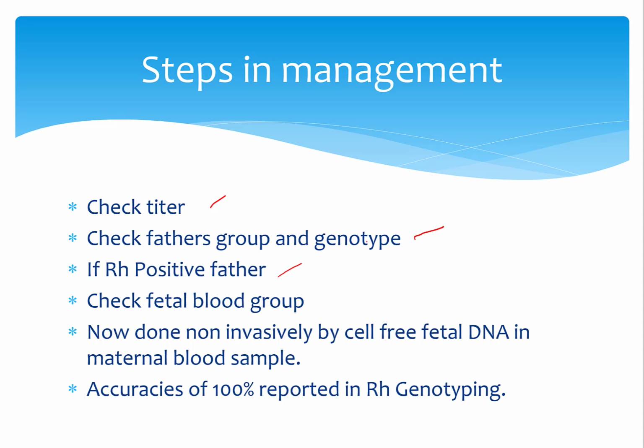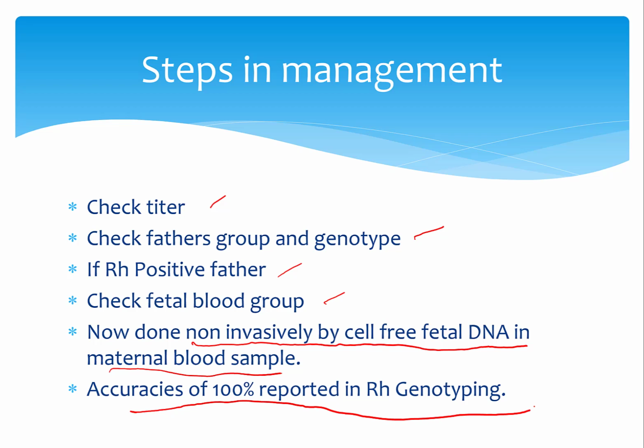If the father is Rh positive, check the fetal blood group. We can check that by taking cord blood or amniotic cells, but now we do it non-invasively. You can detect the cell-free fetal DNA in the maternal blood sample. Accuracy is 100% in Rh genotyping, so you don't really need to take fetal blood.